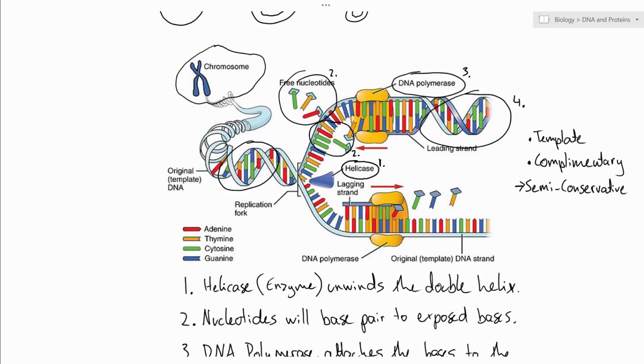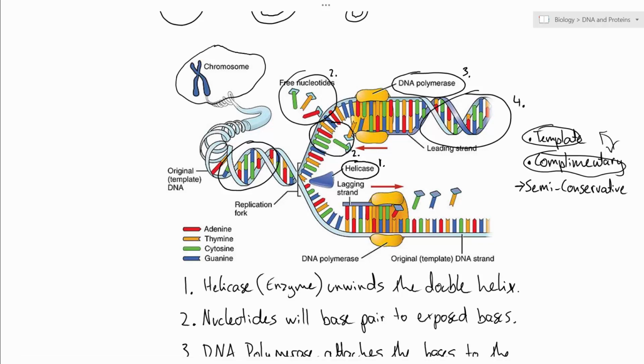So whether the new DNA contains an original template strand and a new complementary strand, or the other way around, it is said to be a semi-conservative process because one comes from our original DNA, so one is old and one is new, one is newly synthesized.